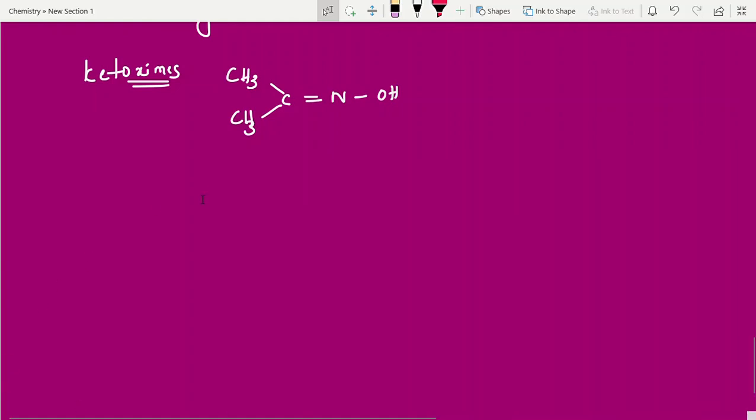Opposite side anti. CH3 double bond N, and nitrogen has a lone pair. They won't give this and all. We have to remember. We have to keep it in mind. That's it. OH group.